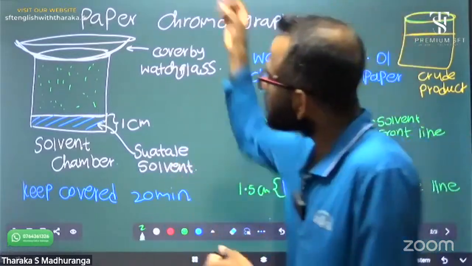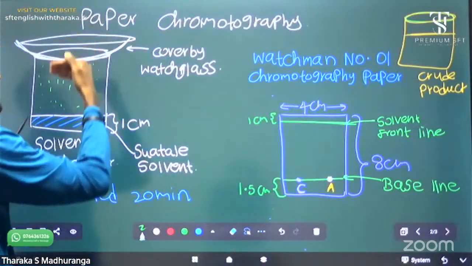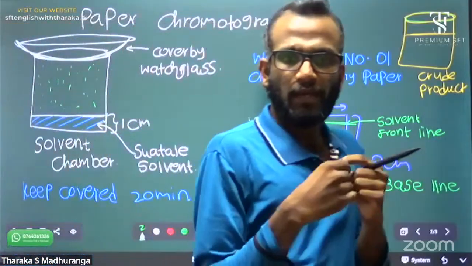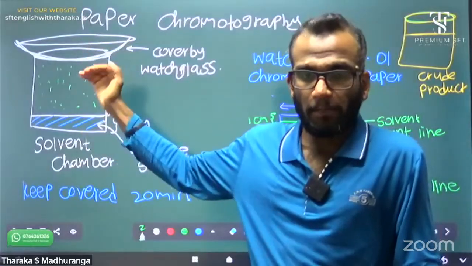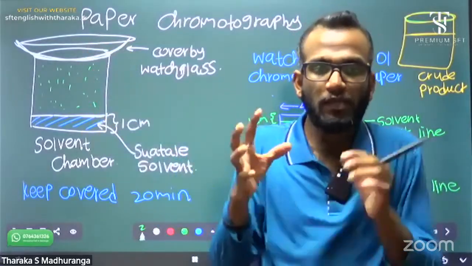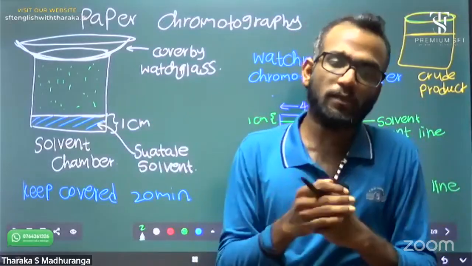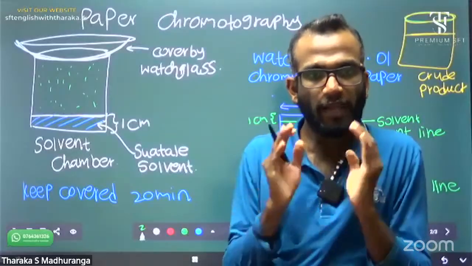Then when we place the chromatography paper, the solvent front quickly flows through the paper due to capillary action, because the solvent chamber is already saturated by solvent vapor. Understood? Okay, that's the answer.